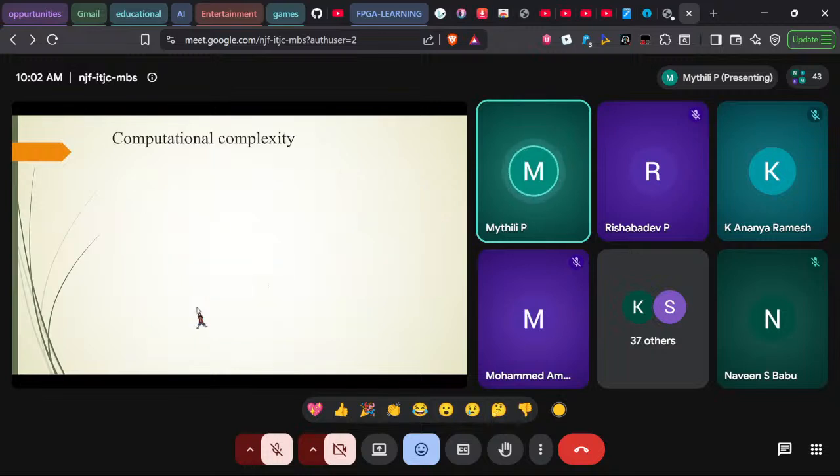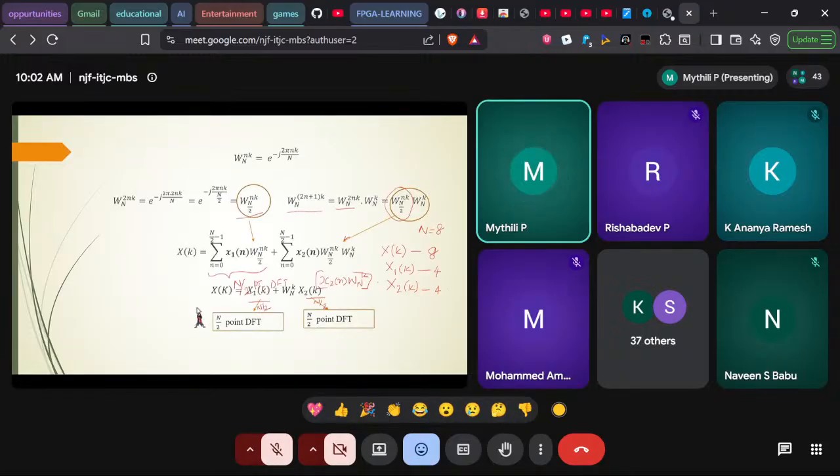Now let's check the computational complexity of these terms, that is x1 of k and x2 of k. As I said, x1 of k is a 4-point DFT. So what will be the complexity of this one?